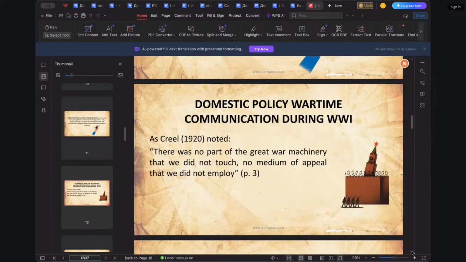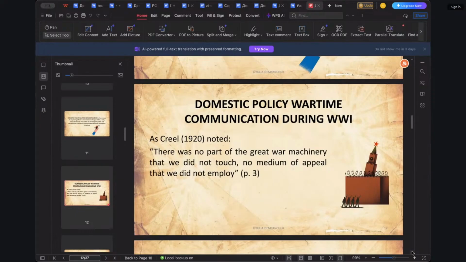As Creel noted in 1920, you see the extract: there was no part of the Great War machinery that we didn't touch, no medium of appeal that we didn't employ.